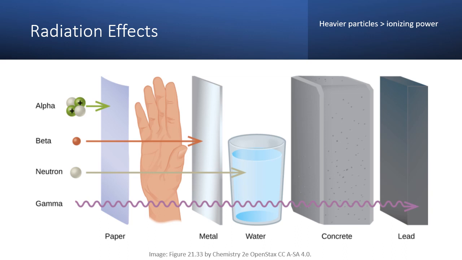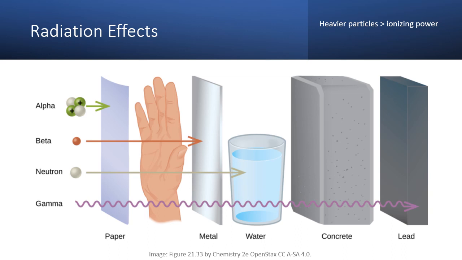Okay, beta particles and positrons can go further. They can get through, say, your skin, but they can't get through a sheet of metal. So they have less penetrating power. So they have more penetrating power than an alpha particle, but less than, say, a neutron or a gamma ray.